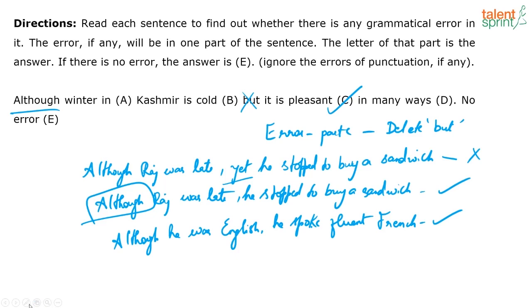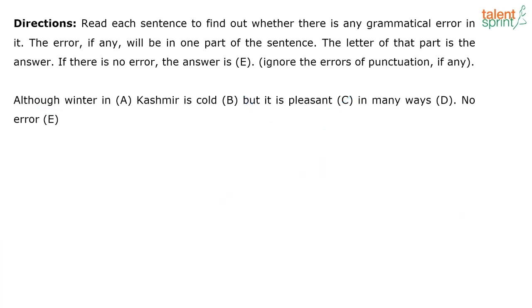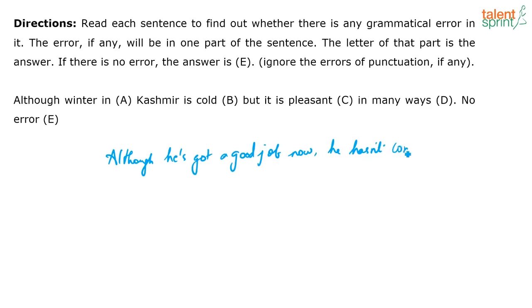I'm going to erase all of this quickly. So I can say, although he's got a good job now, he hasn't complained yet. So I have although in the context, but yet here is not giving me the contradictory meaning. It is acting like an adverb, giving me the meaning of so far.